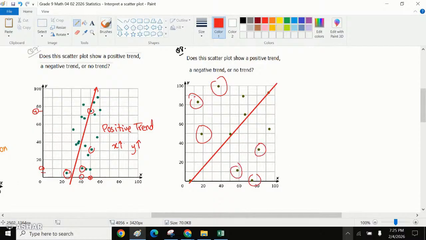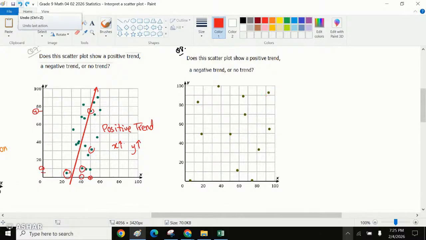Whenever we need to find a trend, we need a line that passes through the maximum number of points. If I said this was a negative trend, it passes through 2 points, but there are extreme points over here. Whenever we have extreme points which are not near the line, we cannot use that.